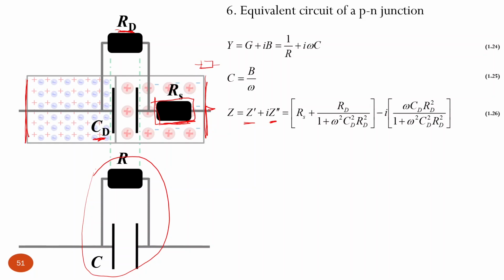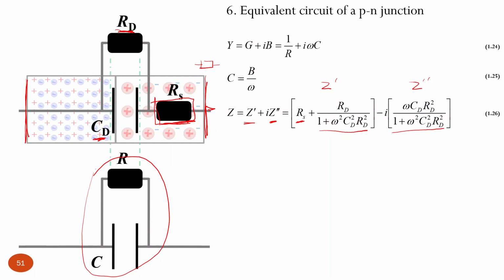So we see that there are two terms in the real component originating from series resistance and from this combination of capacitor and resistor in parallel. So this is Z prime. And also we have one component originating from the resistor and capacitor in parallel in the imaginary part of impedance.